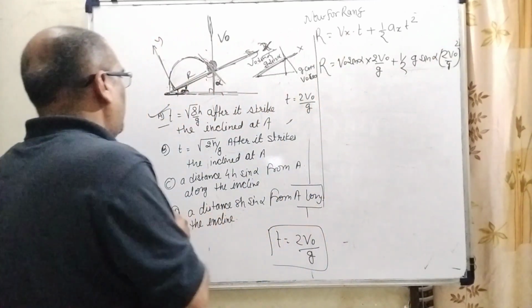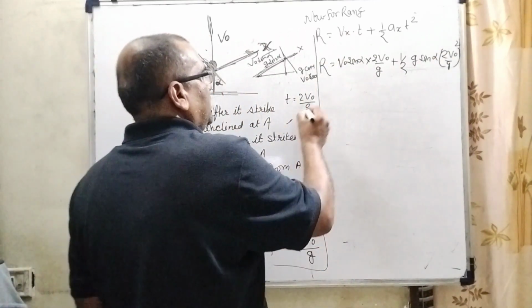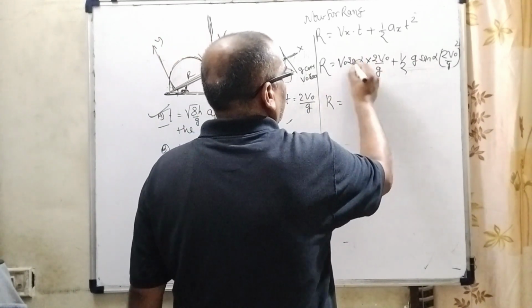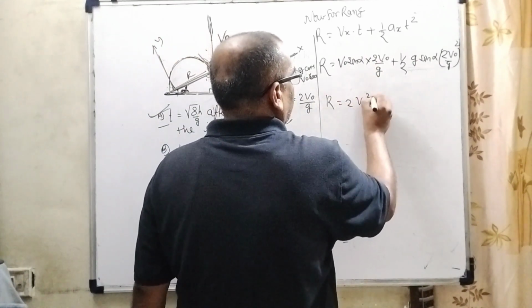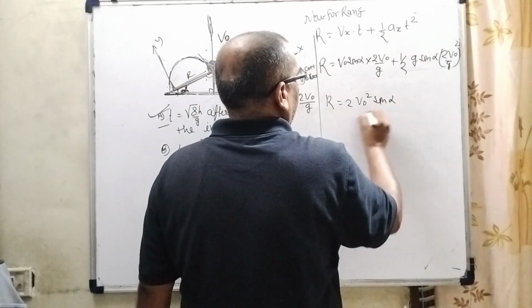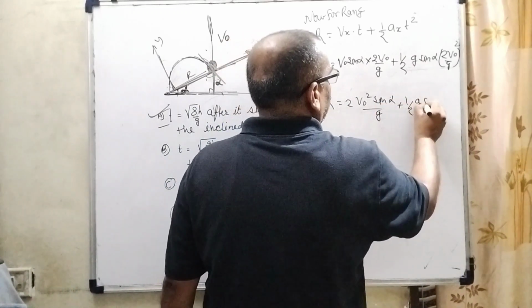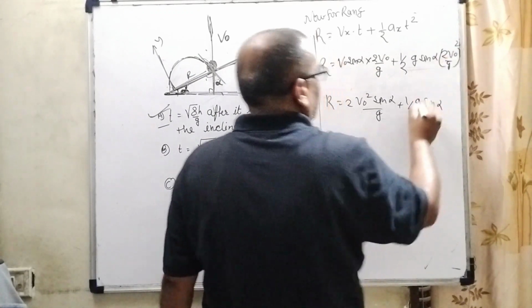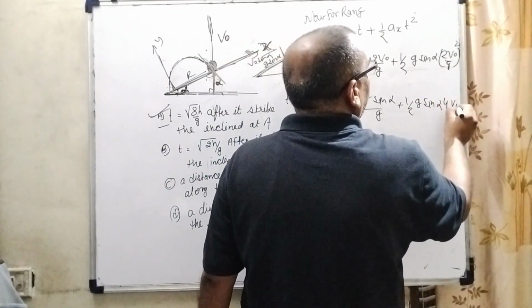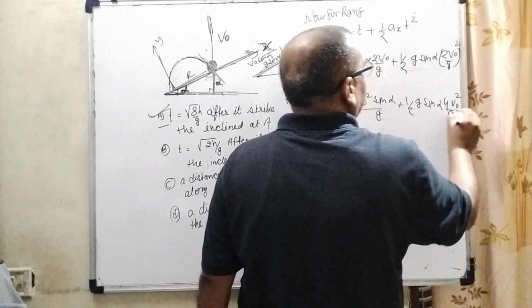Now substitute v naught, which we have already found. R equal to 2 v naught square sine alpha upon g, plus 1 by 2 g sine alpha times 2 square, that is 4 v naught square upon g square.